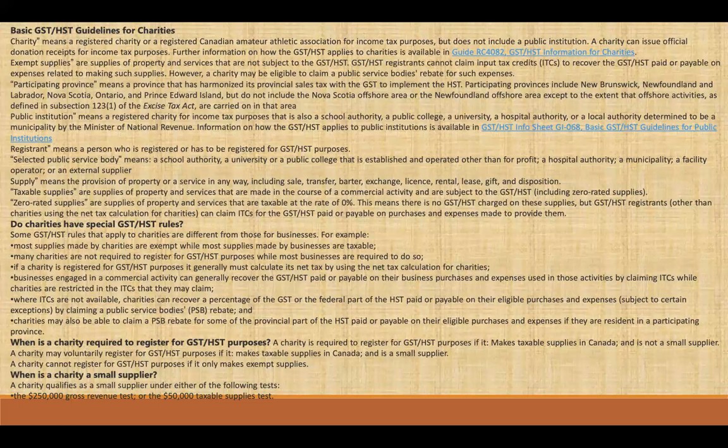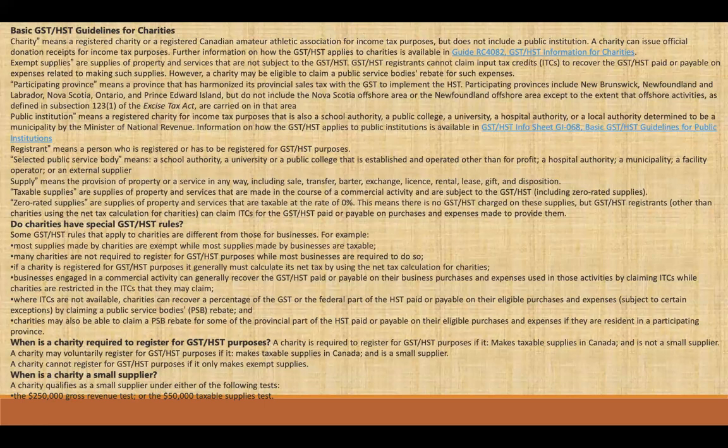Supply means the provision of property or a service in any way, including sale, transfer, barter, exchange, license, rental, lease, gift, and disposition. Taxable supplies are supplies of property and services that are made in the course of a commercial activity and are subject to the GST, including zero-rated supplies.